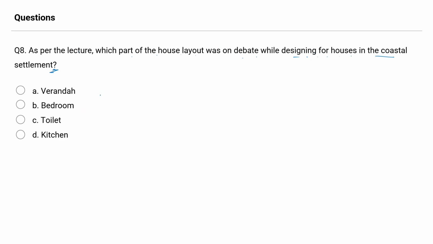If you recall the content recap, veranda was there, bedroom was there, toilet was there, kitchen was there. But for a certain space, there was a certain debate between the designers, the donors of the project, and the dwellers.